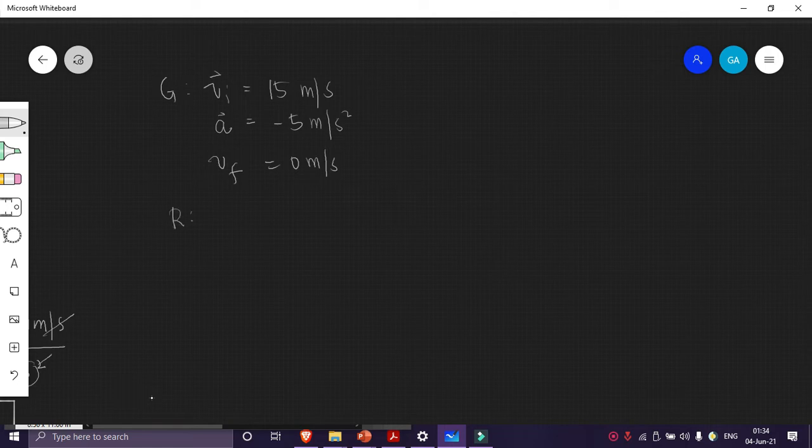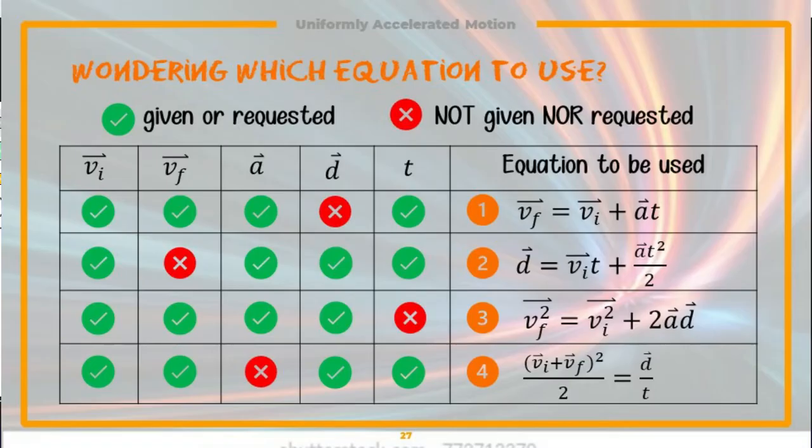We are required to find the displacement habang nakapreno si manong driver. Alright. So dito sa isosolve natin na to, hindi natin kailangan yung time. Time is not needed. Although may nakuha na tayong time kanina sa first question dun sa problem, gamitin natin yung equation na hindi muna kailangan ng time. Since it will stop naman.